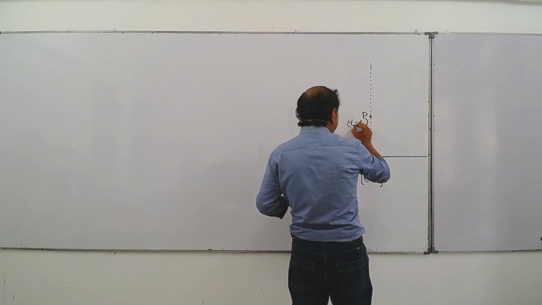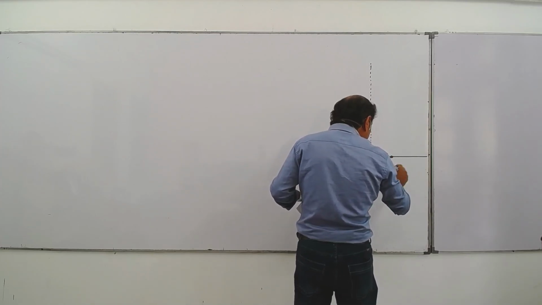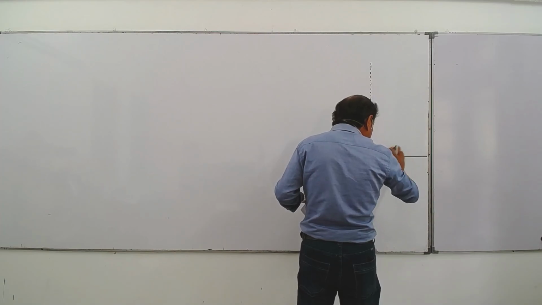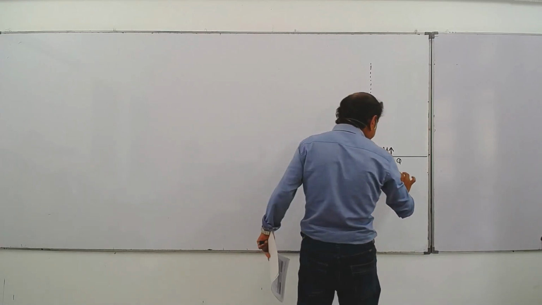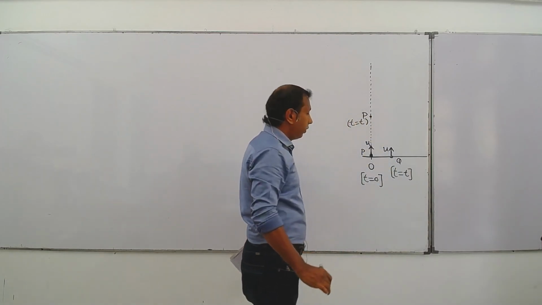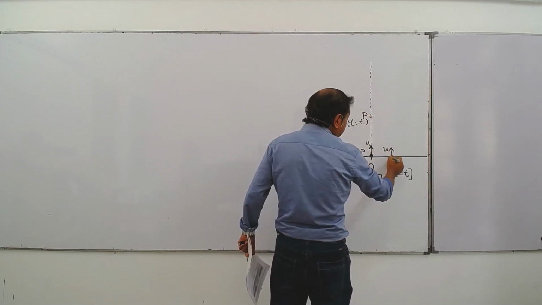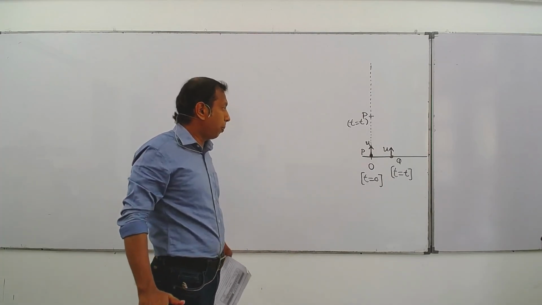At that moment, Q is projected from the same point O with initial velocity u vertically upwards. So at t equals t, suppose particle P is here, and particle Q is now here. At t equals t, particle Q is projected vertically upwards.